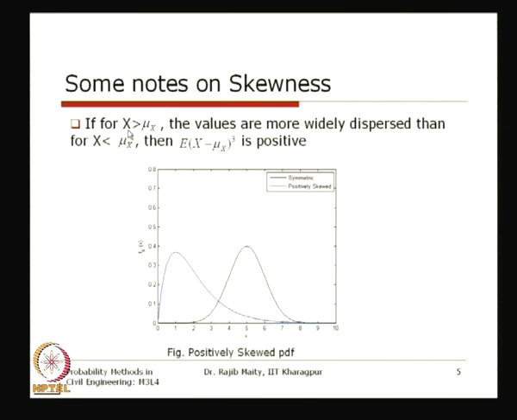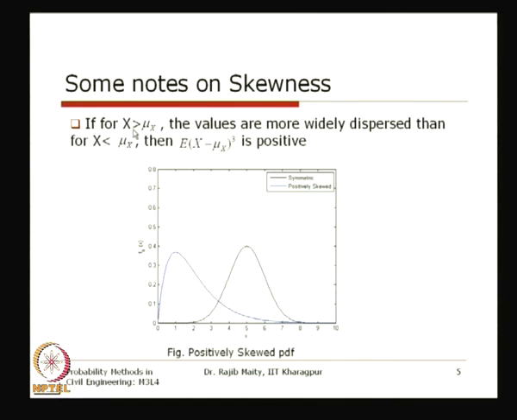If for x greater than mu x the values are more widely dispersed than for x less than or equal to mu x, then this will obviously become positive. So if this is becoming positive, then the skewness of this blue PDF is positively skewed. We say it is positively skewed.